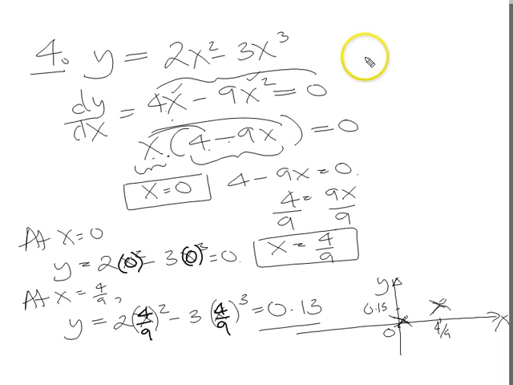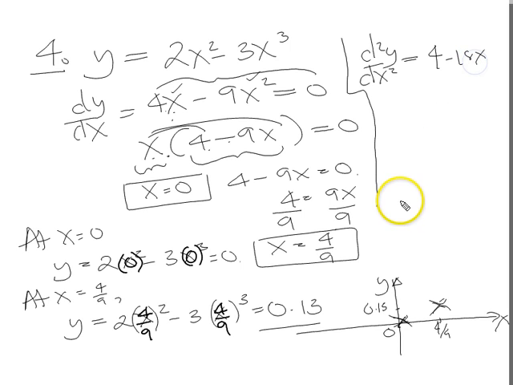Now we'll need to work out the second derivative. So I'll put that up here. d2y by dx squared then. Let's work out that. Differentiate dy/dx, yeah? So 4x goes to 4 times 1 minus 18x. Now what does that equal then? So it's 4 minus 18x.